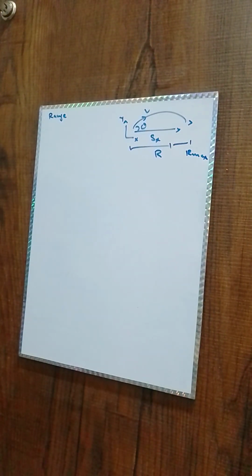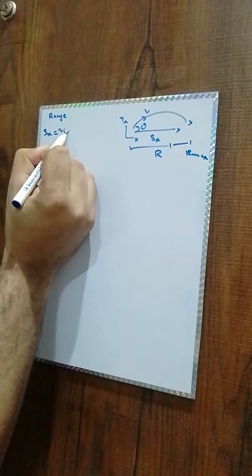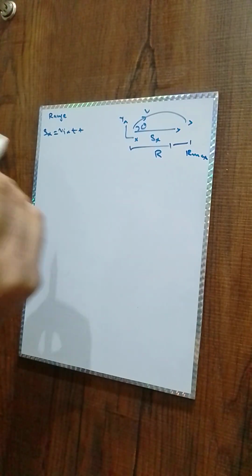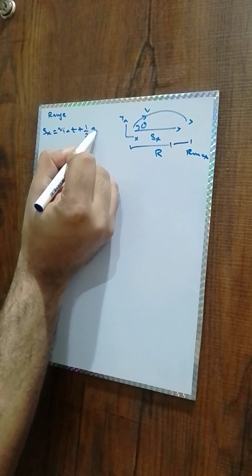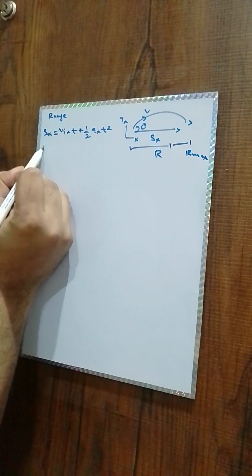Okay, so the equation of motion, the horizontal distance Sx, is equal to v_ix t plus half a_x t squared.